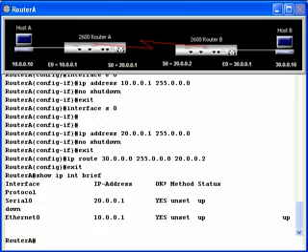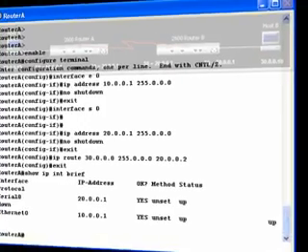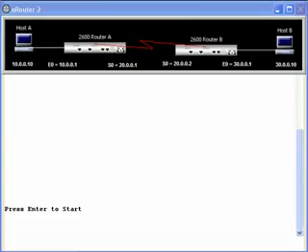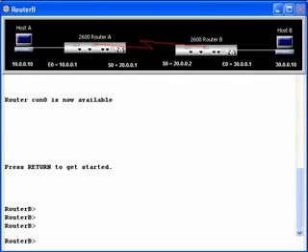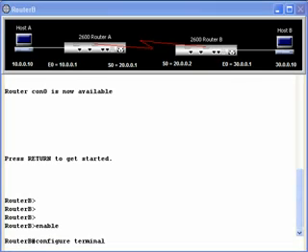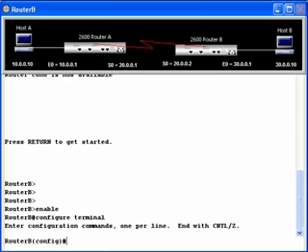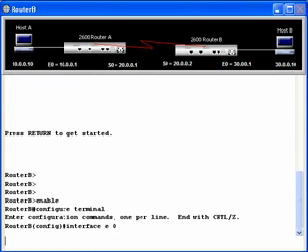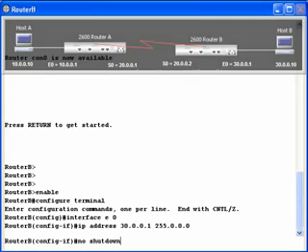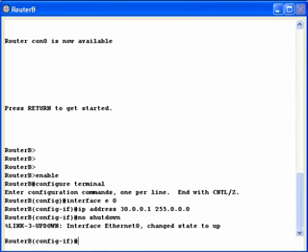Now let's start configuring router B for static routing. Router B user mode, privileged mode. Now global configuration mode. Interface E0, assigning IP address to it. No shutdown.